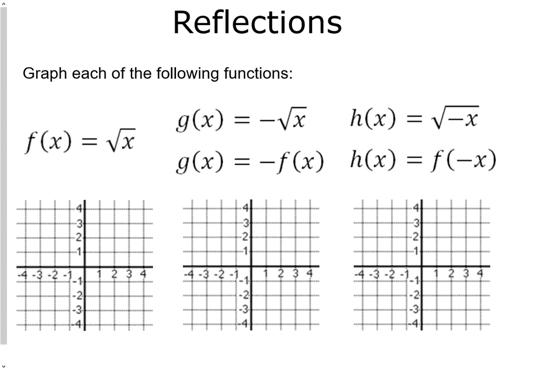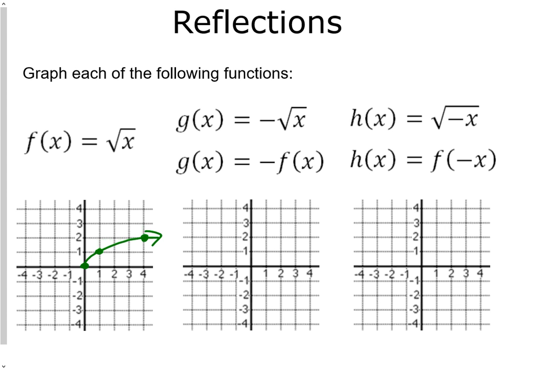Okay, so reflections happen when we have these negative signs, whether the negative is outside of the function. So for example, if we're going to look at the square root function, so let me just graph it. Square root is 0, 0, 1, 1, 4, 2, so it looks like this. Then what happens when we have this negative sign in front of our function?